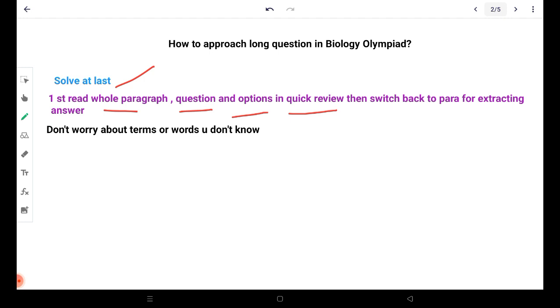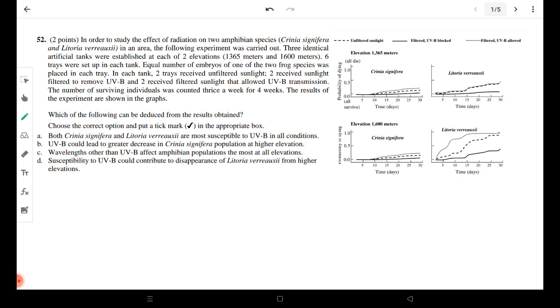Now let me explore it by solving an IOQB question of the previous year. It was question number 52. In order to study the effect of radiation on two amphibian species, Crinia signifera and Litoria verreauxii, in an area, the following experiment was carried out. Three identical artificial tanks were established at each of two elevations. Six trays were set up in each tank.